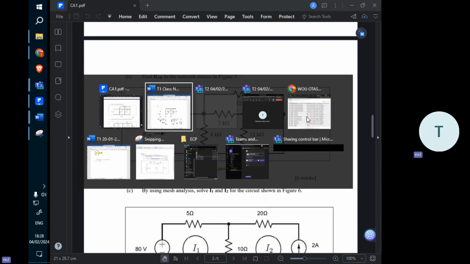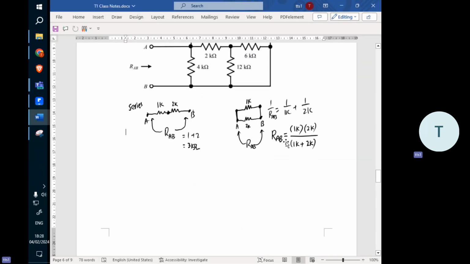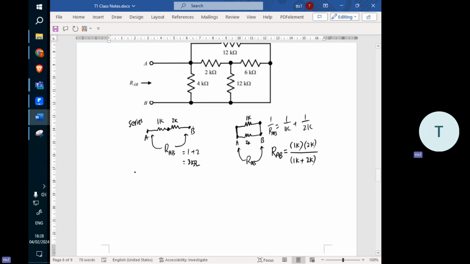Okay. What you can see here, the 2K, the 12K, and the 6K, they form a network you can call the T network, or actually we call it Y network.